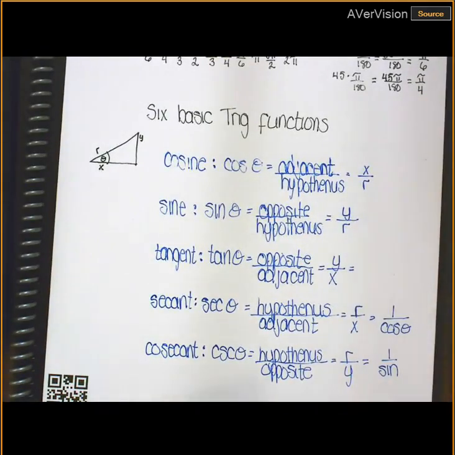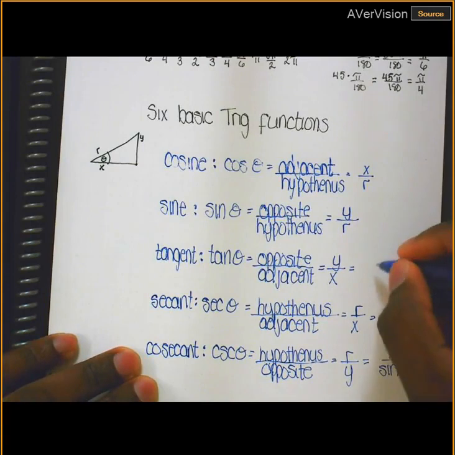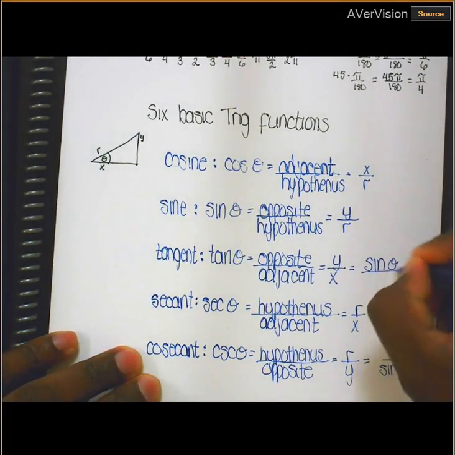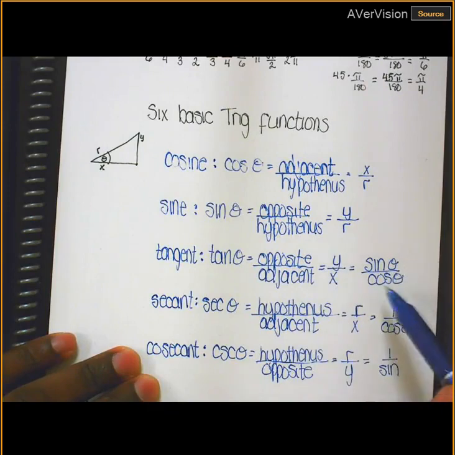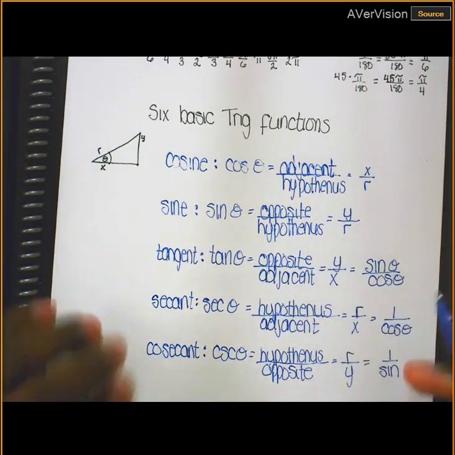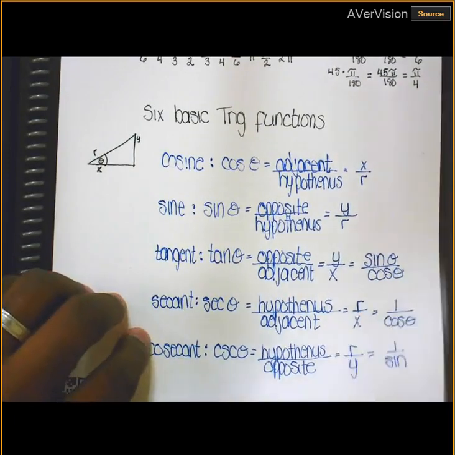So we can use sine and cosine to represent tangent. Do you remember which one is on top? Which one's on bottom? Opposite goes with sine, adjacent goes with cosine. So tangent can also be represented as sine over cosine.